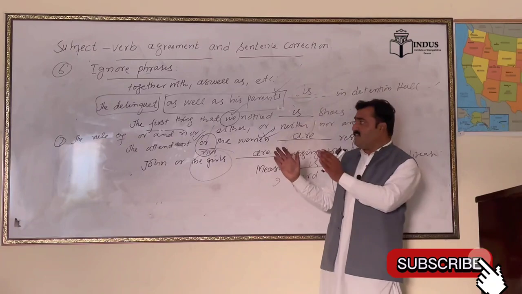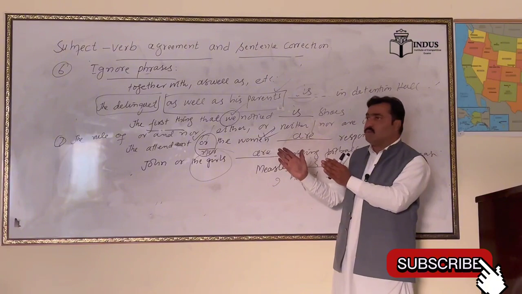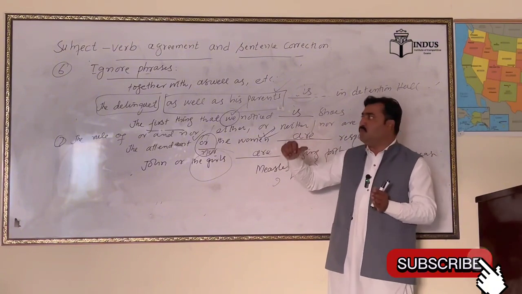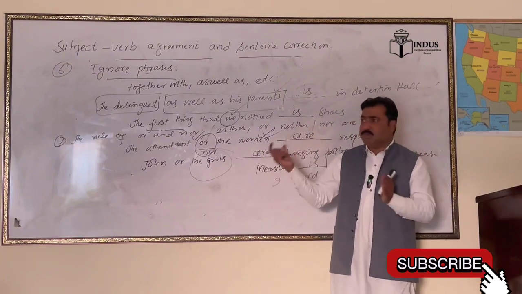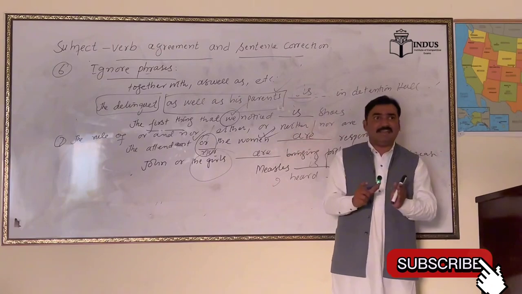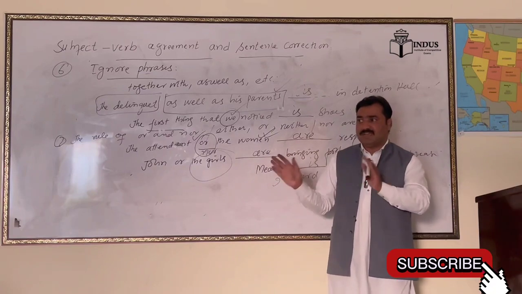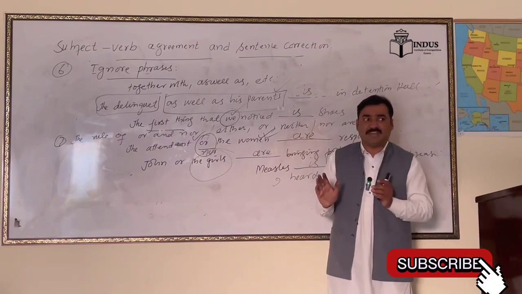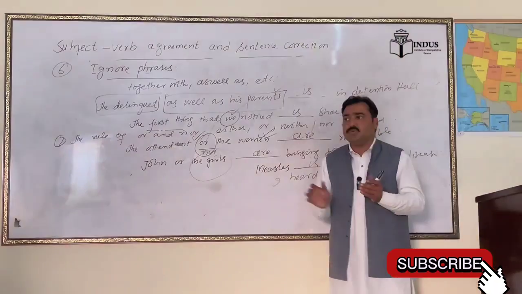Okay, now I will write some sentences and you have to correct them. There would be a mistake of subject or verb. You have to correct them, whether it is written correctly with no mistake or it has some subject-verb agreement error. On the basis of these rules, you have to keep these rules in mind.